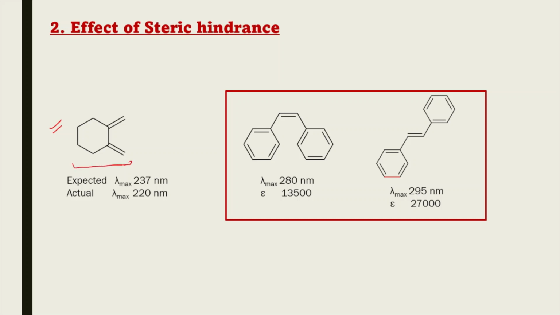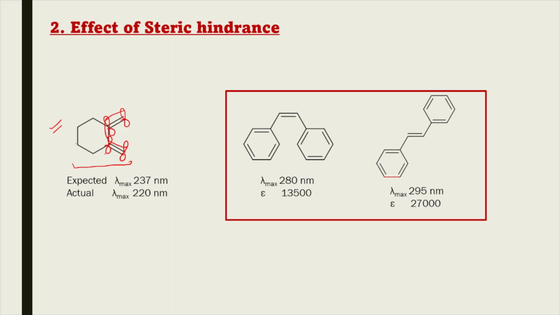This molecule appears to be planar, but actually it is not planar. This molecule has two double bonds at adjacent carbon atoms. Now, if this molecule has to be properly conjugated, then all the orbitals should overlap with each other properly. But this molecule no longer remains planar because of the positioning of these double bonds at adjacent carbon atoms.